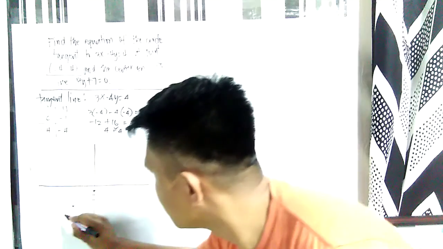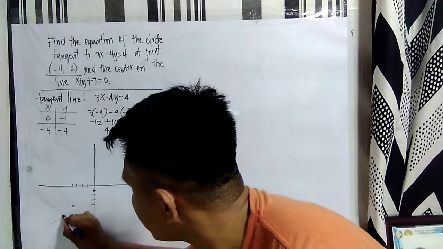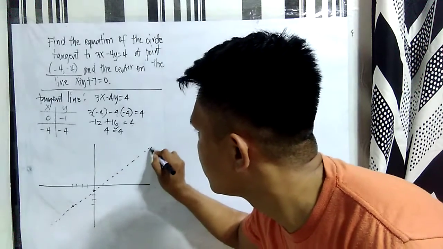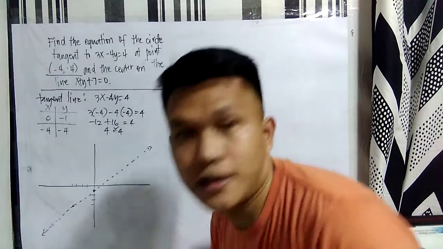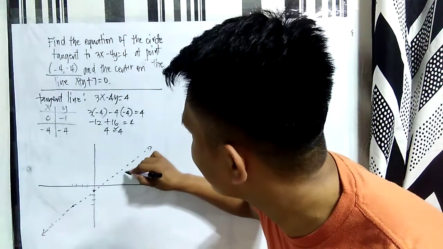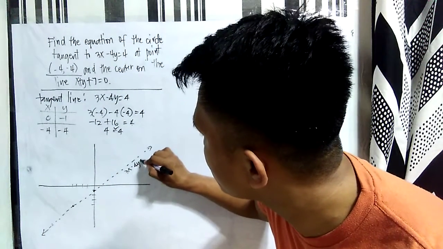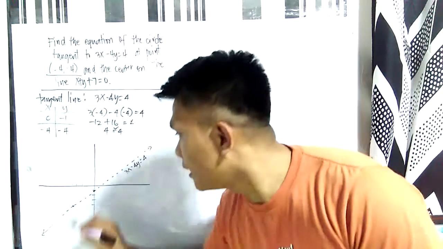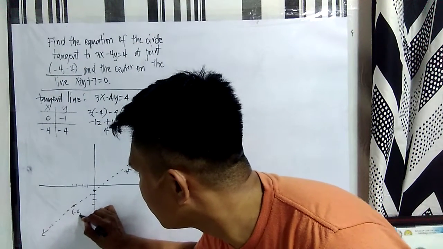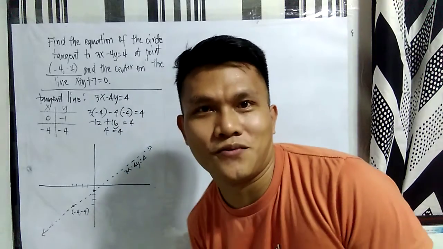Okay, so if I'm going to extend this line, iyan yung tinatawag nating tangent line. So this is our tangent line, 3x minus 4y equals 4, which is tangent at point (-4, -4).